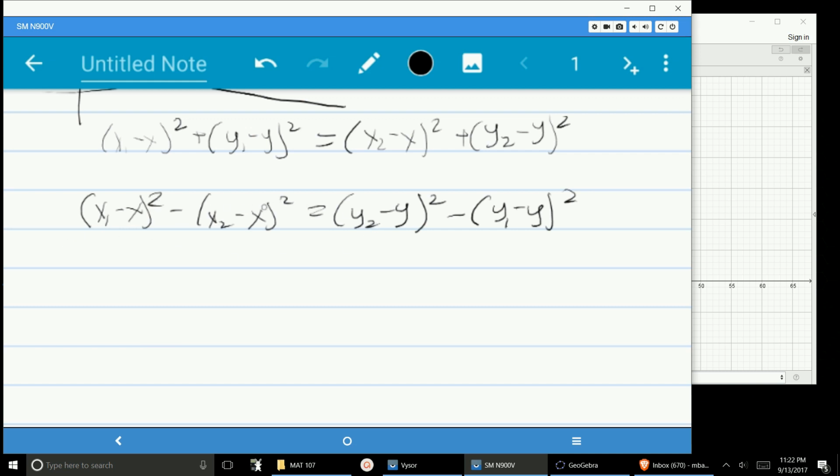Now, if you have a square minus a square, you can use the difference of squares formula to factor this. So imagine this thing here being a, and this thing here being b. So this is a squared minus b squared. A squared minus b squared factors into a plus b times a minus b.